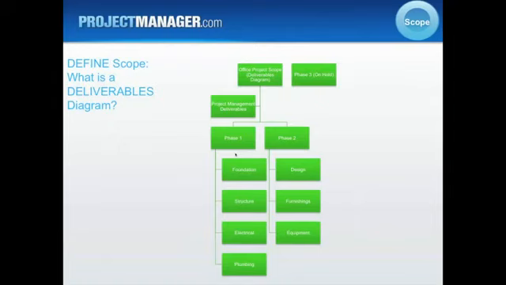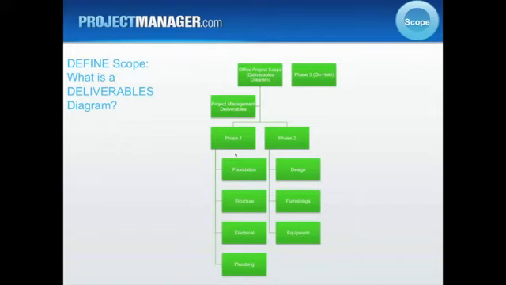When we talk about scope, we talk about defining it, and to me, one of the most important and valuable things that I and other people have found is what we call the deliverables diagram. The phrase "a picture is worth 1,000 words" truly applies, and we believe it also saves 1,000,000 meetings.